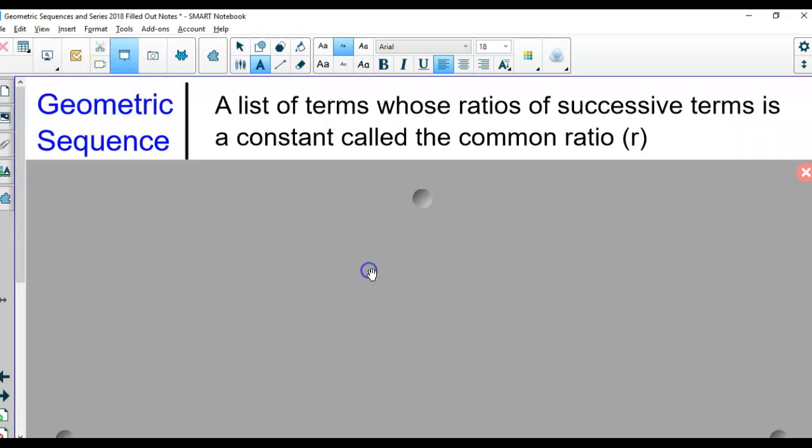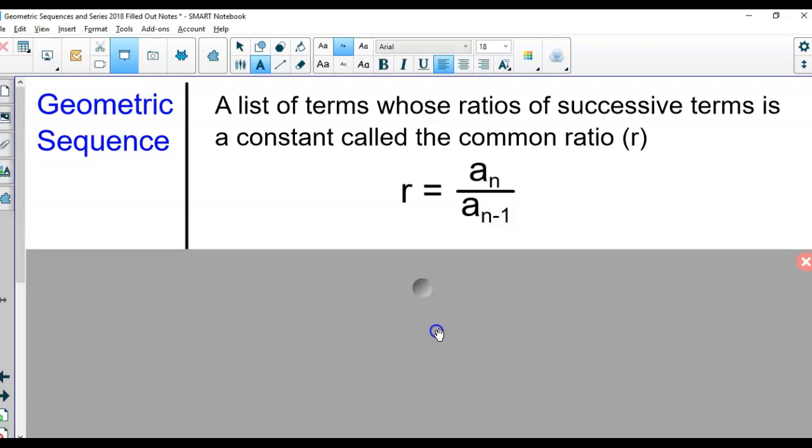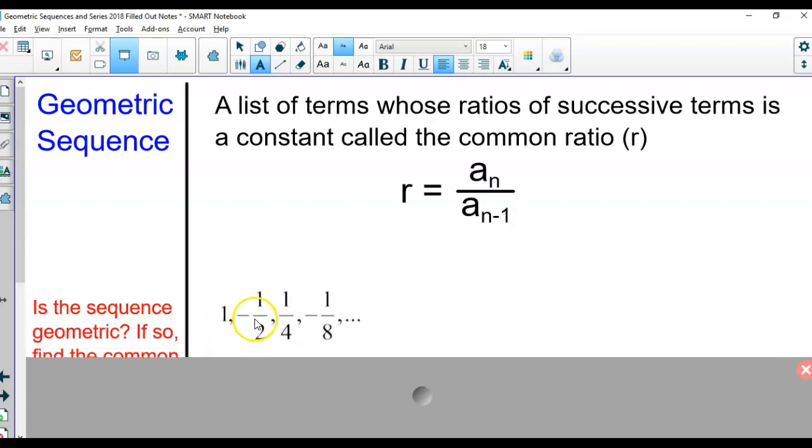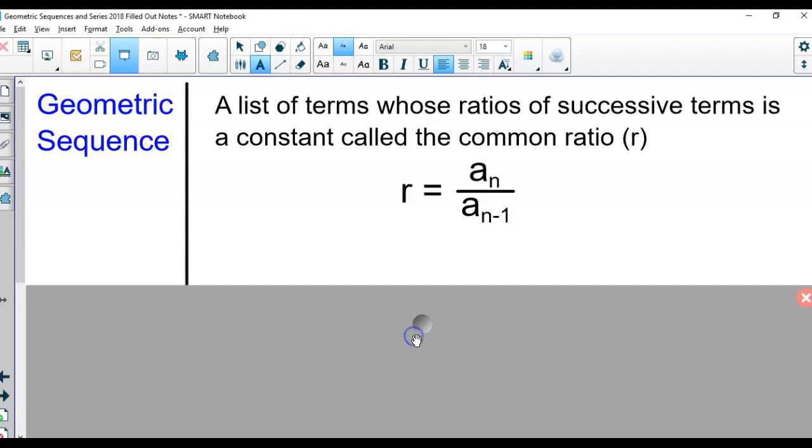What exactly is a geometric sequence? It is a list of terms whose ratios of successive terms is a constant called the common ratio. And this is what I just talked about. Okay, so we have one number, we go to the next number and the next number and the next number. What are we multiplying by to get that next number?